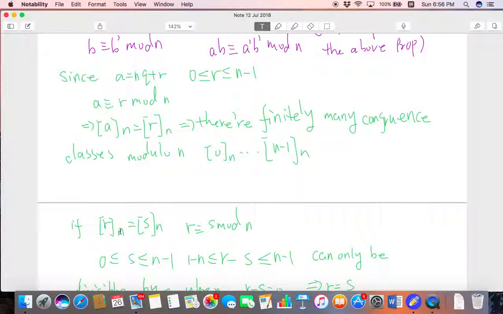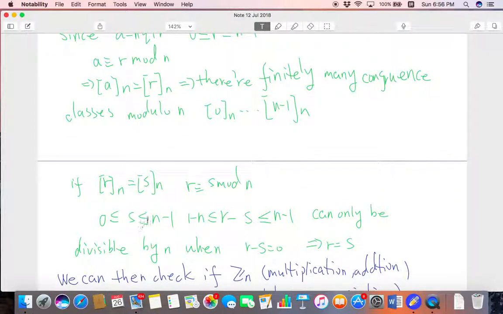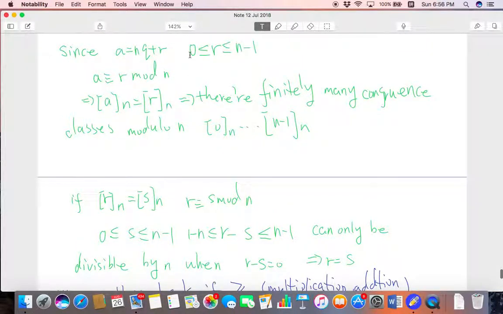If not, let's say there exist two congruent classes that are equal to each other. Then you write out the expression of the definition. Since r is within 0 to n minus 1, and so is s, the largest possibility for r minus s is n minus 1 minus 0, and the smallest possibility is the reverse, minus n minus 1.